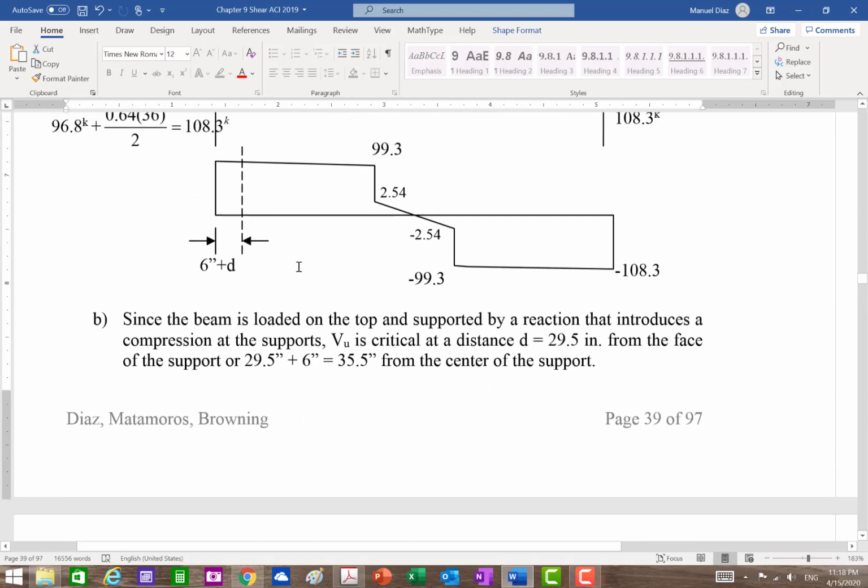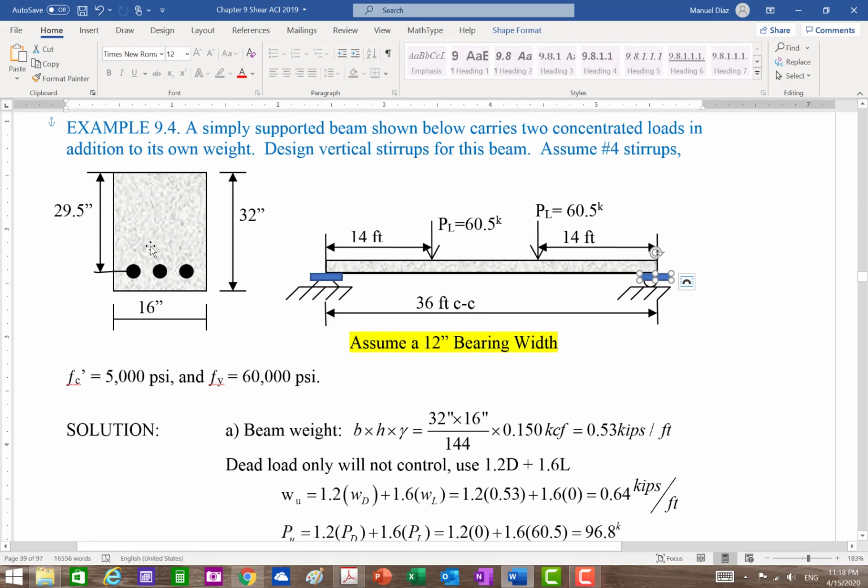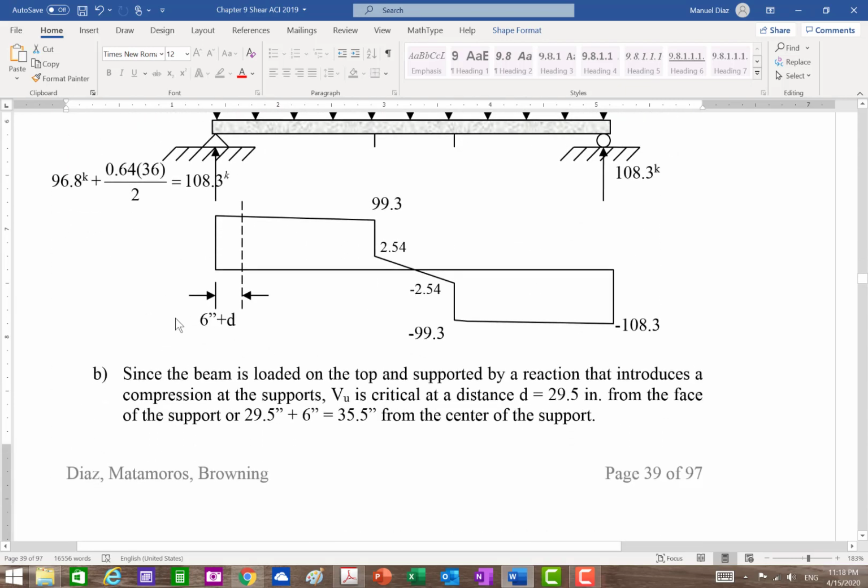Now we are loading everything on the top like a normal beam, so you have a compression reaction, right? And our d value is given, is 29.5, given here. And then we will add the 6 inches. So we need to find the shear for the purpose of designing, the value that is at 35.5 inches from the center line. Okay.